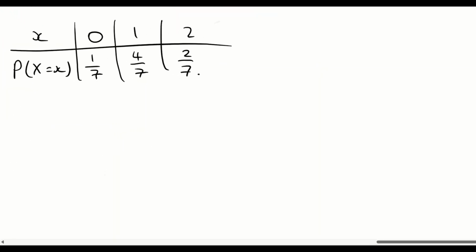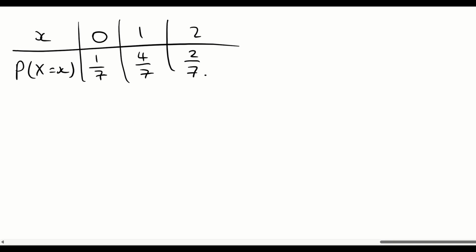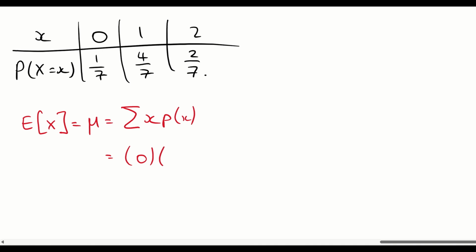So if we take this probability distribution table and we were asked to find the expected value of x, well, this is our average, and that's the sum of all of our x's multiplied by the probability that occurs. So we would have 0 times 1/7 plus 1 times 4/7 plus 2 times 2/7.